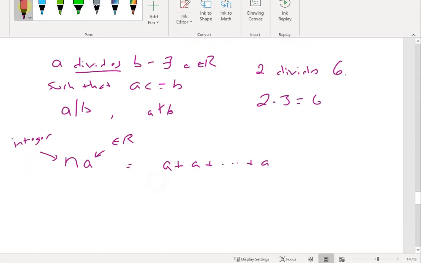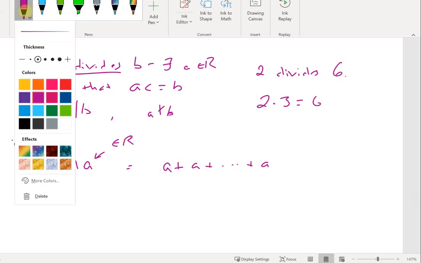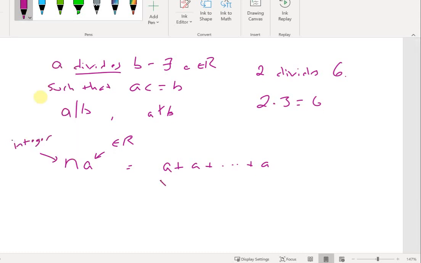There's n summands there, okay? Now, so that is subtly different. We're not talking about the multiplication in the ring. We're talking about the repeated addition. So it's always an integer times that.